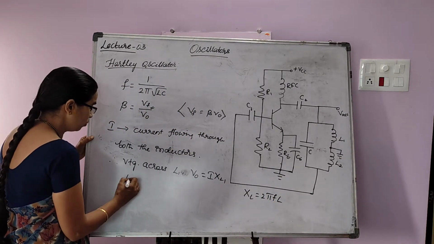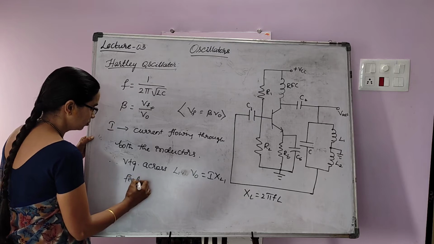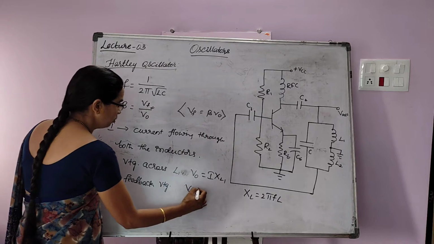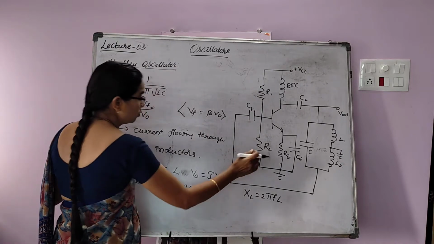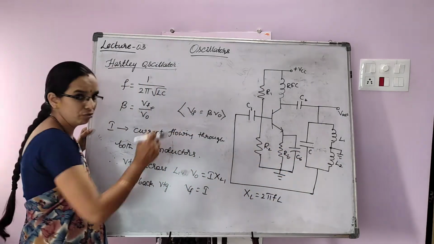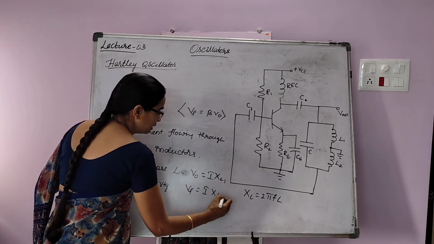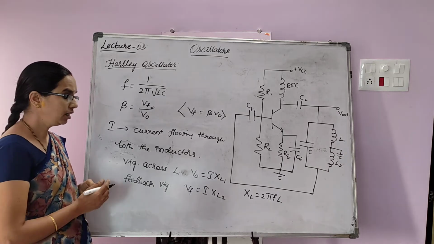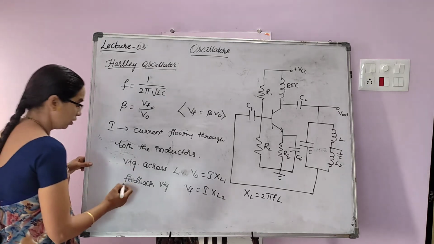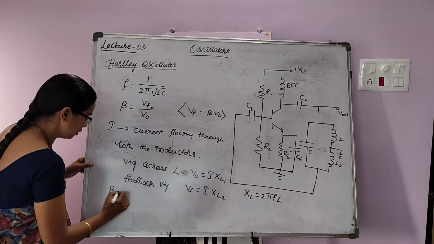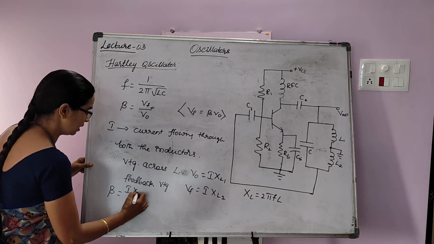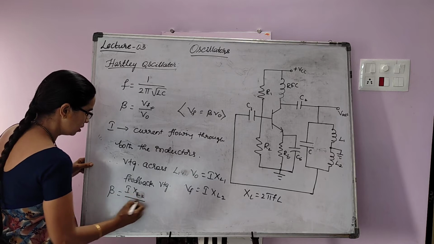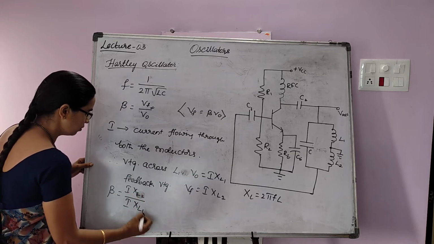And the feedback voltage Vf can be written as I into XL2, since the voltage across L2 is given as the feedback voltage. So beta is equal to I into XL2 divided by I into XL1.